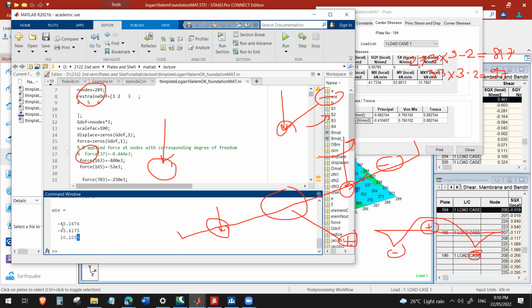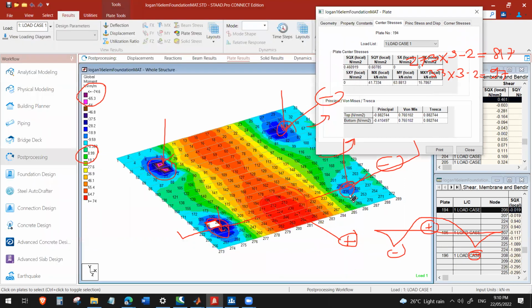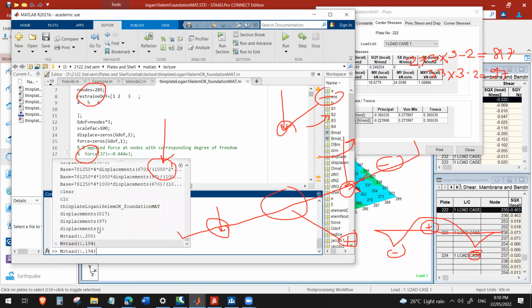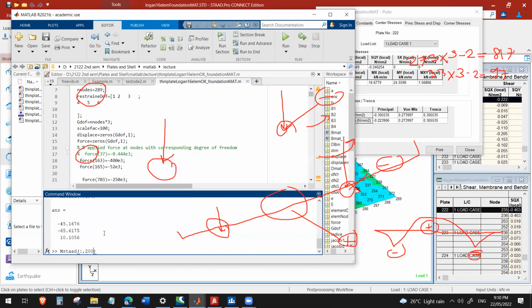Our Matlab code, we're getting 45 and 65, which is very near to each other. And maybe the last one here, another negative moment, 18 and 24. That's plate number 222. Yeah, so almost the same, 18 and 28.